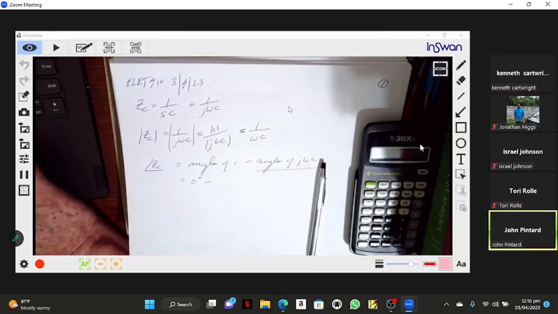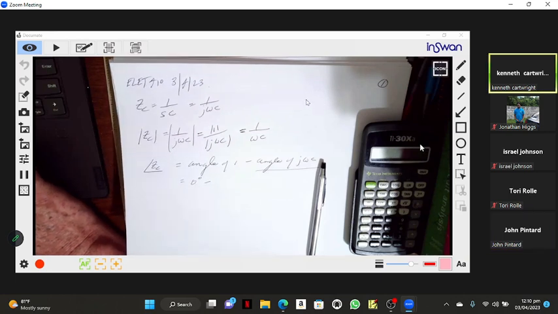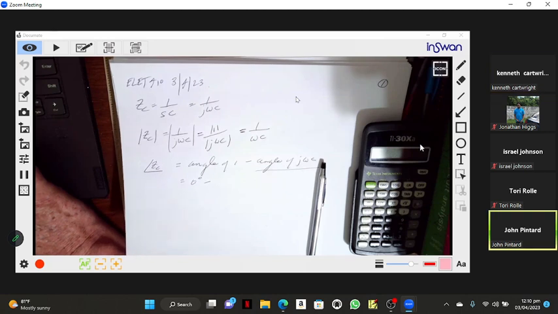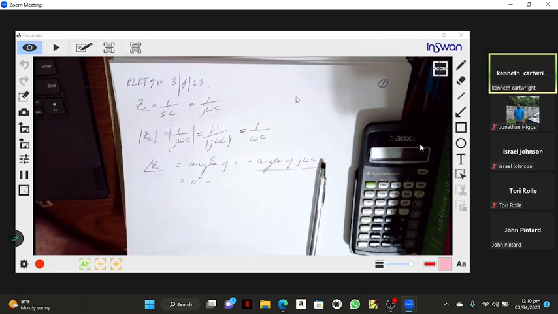The imaginary part is the coefficient of j. What's the coefficient of j? 1? The coefficient of j is not 1. Omega.